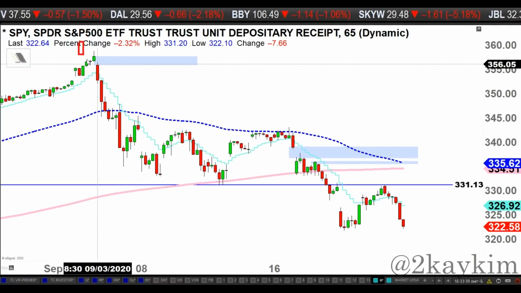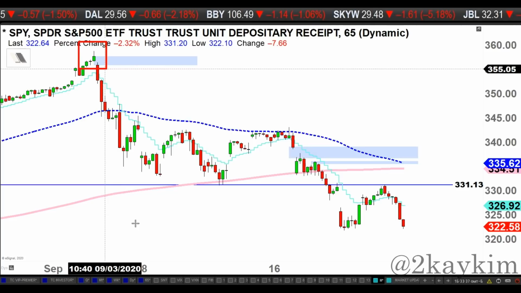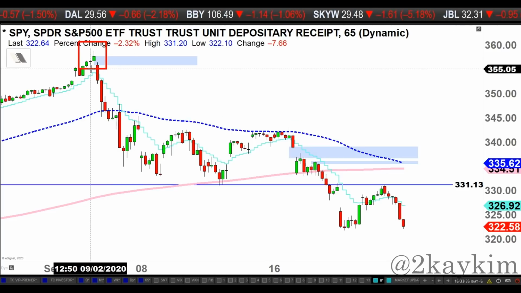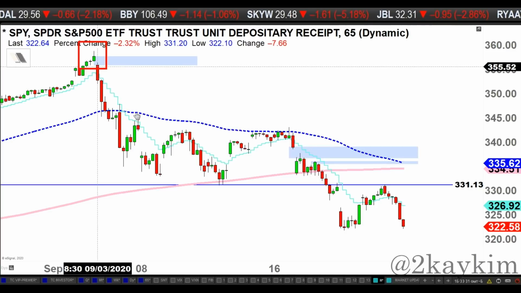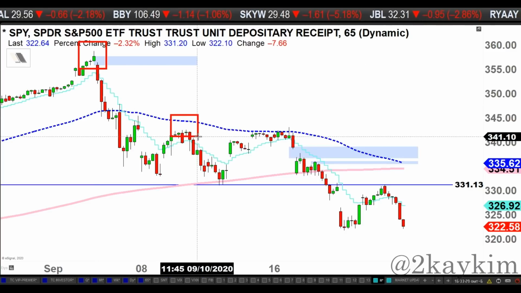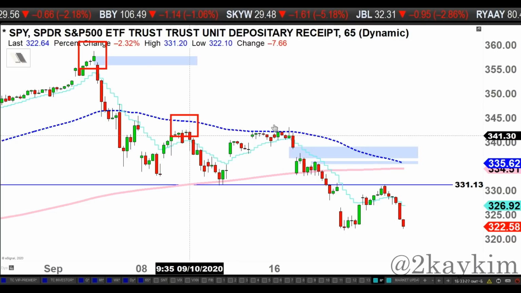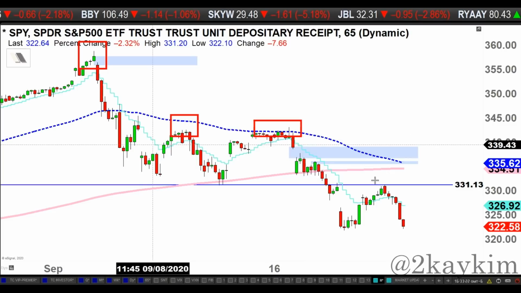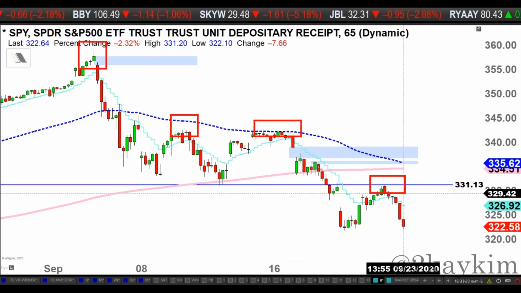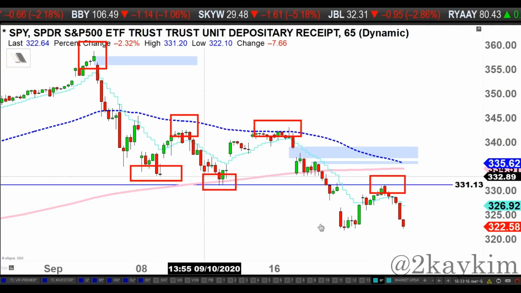We got that peak from early September, September 2nd, then the swing high in the middle of September, and then this high now. So we got the lower highs, lower lows.